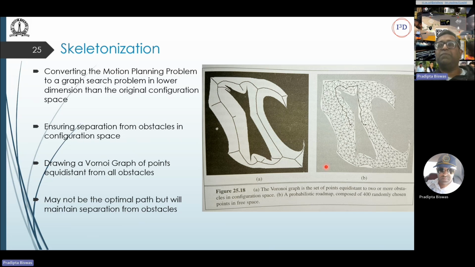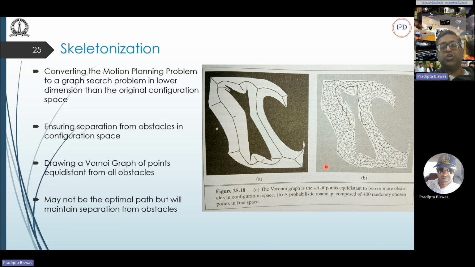For example, you have a big airplane and it has been instructed to go to a taxiway which is at a very high angle. Even if it reduces the total distance covered, it will take more time because turning a big aircraft takes too much time. So in the next lecture, we'll also talk about holonomic and non-holonomic robots.